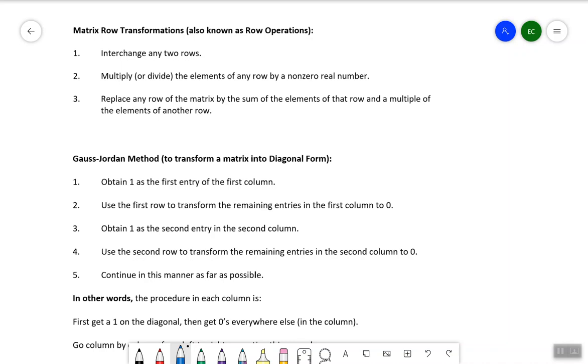And we did that to make a 1 on the diagonal. The other thing that we did is we replaced a row by the sum of the elements of that row and the multiple of the elements of another row. And we did that to make 0 off of the diagonal.